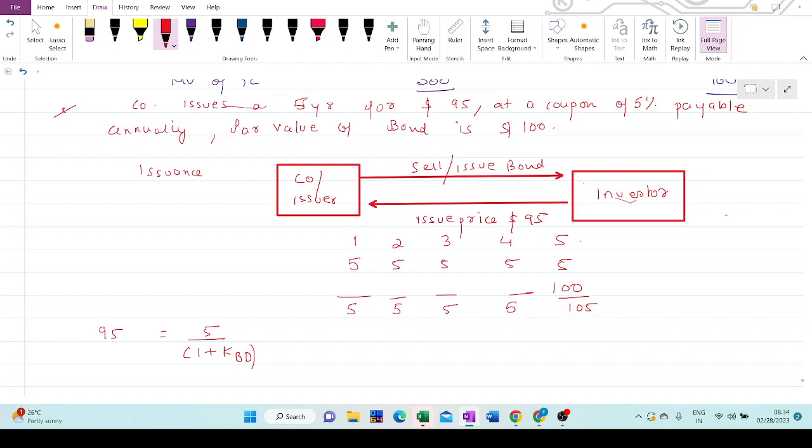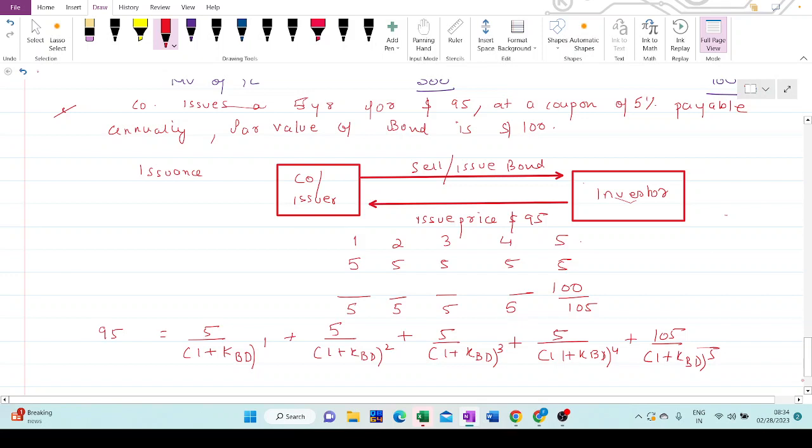Plus 5 by (1 plus KBD) to the power of 2, plus 5 by (1 plus KBD) to the power 3, plus 5 by (1 plus KBD) to the power 4, plus 105 by (1 plus KBD) to the power of 5.